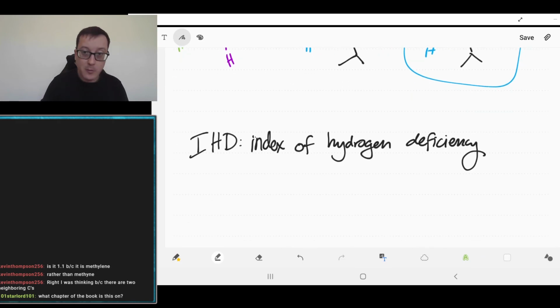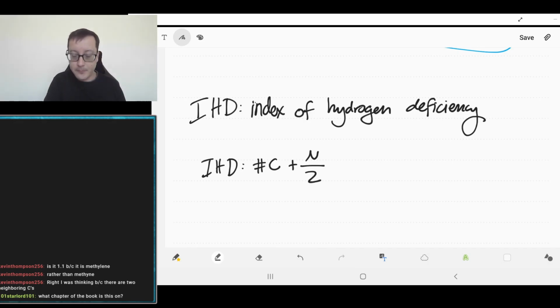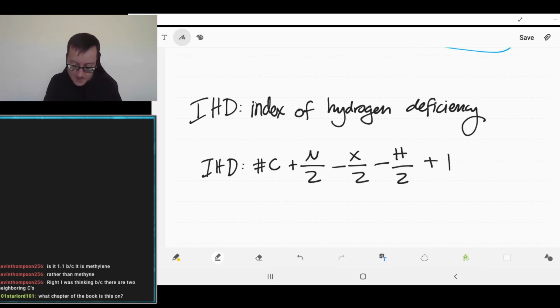And so we have a formula for this, which is the formula I use. IHD is your number of carbons plus number of nitrogens over 2 minus X over 2 minus H over 2 plus what?